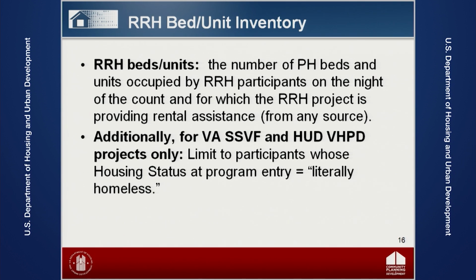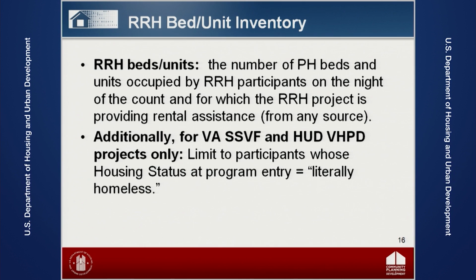For the HIC, rapid rehousing project beds and units are equivalent to the number of permanent housing beds and units occupied by rapid rehousing participants on the night of the count, and for which the rapid rehousing project is providing rental assistance from any source, HUD, VA, or any other source.